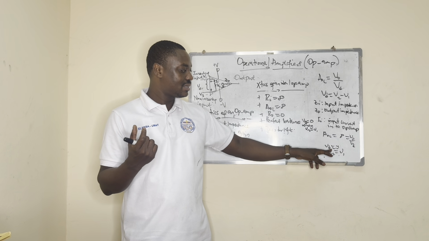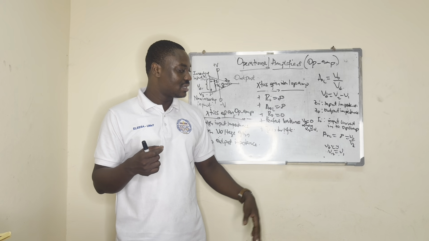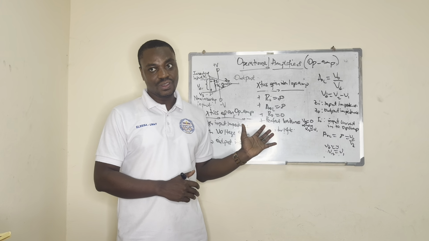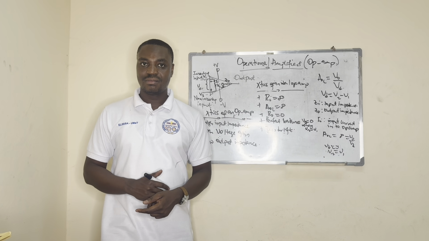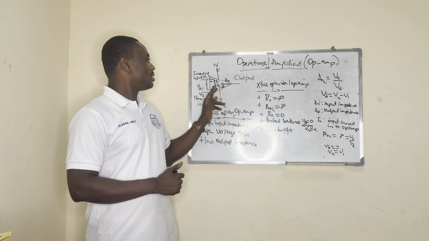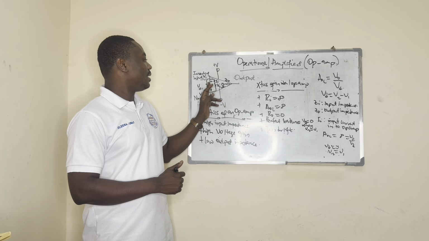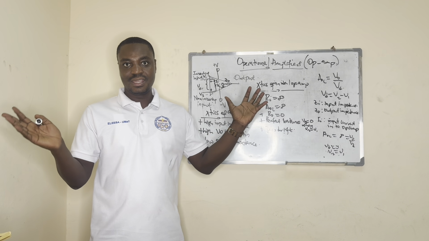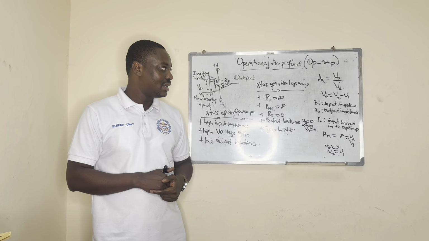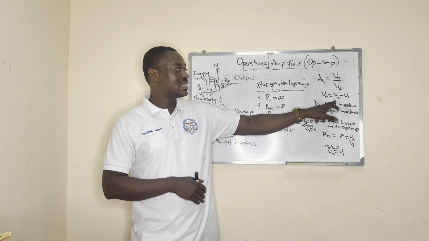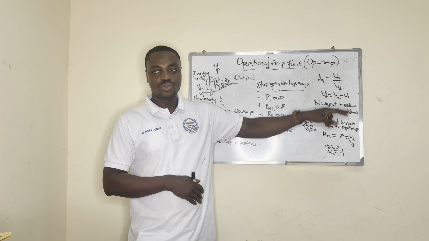If it is equal to zero, that means V2 has to be equal to V1. So the inputs into the two input terminals are the same voltage. The differential voltage is always equal to V2 minus V1.